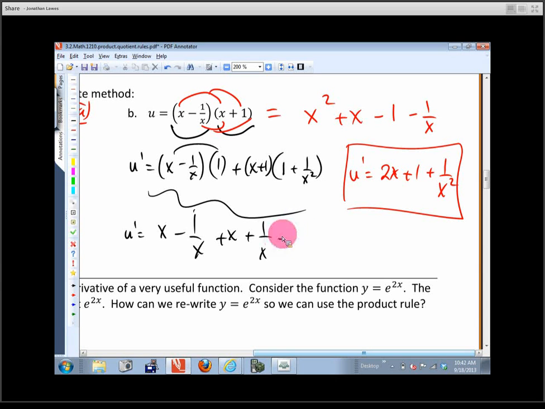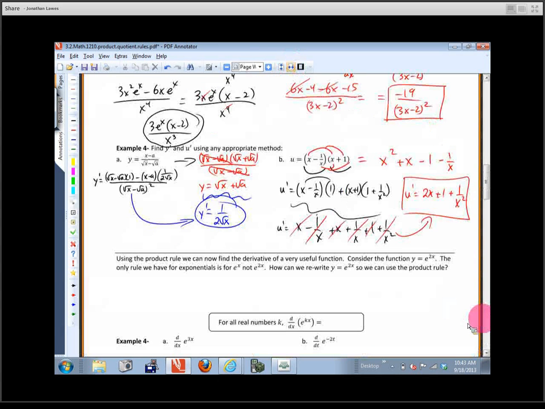And then we've got a 1, and then we've got a plus 1 over x squared, right? So I get these 4 terms right here from those 2 binomials. And let's see what we've got here. Those 2 x's, there's our 2x. These 2 are exact opposites, so they cancel to be 0. There's our 1, and there's our plus 1 over x squared. So we do get exactly that. Again, much more difficult to do it that way. A lot easier to do the algebraic simplification first.